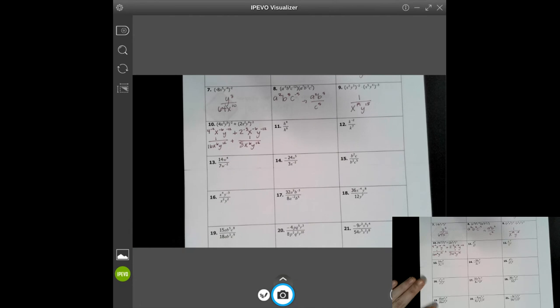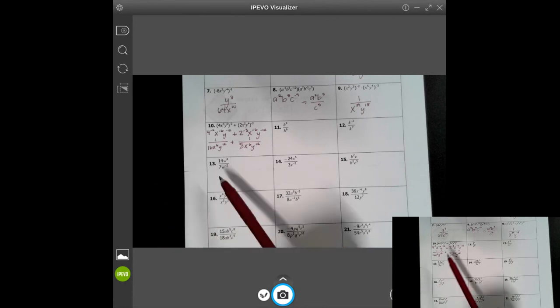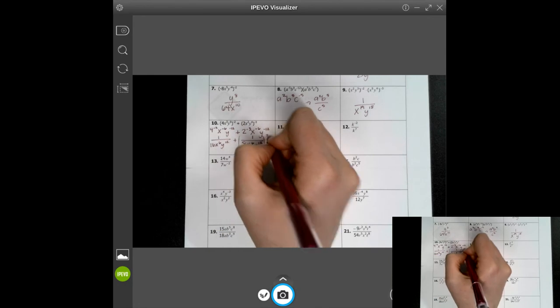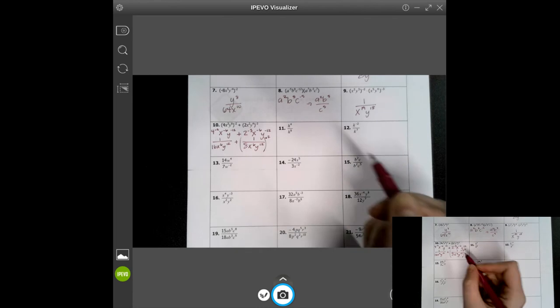Well, in order for me to add fractions, I have to have a common denominator. And my denominators are not the same right now because this one, even though the variables are the same, the coefficients are different. So I have to make them the same. So what I'll do is I'll multiply my second one times 2. That looks like a power of 2, but it's not, it's times.